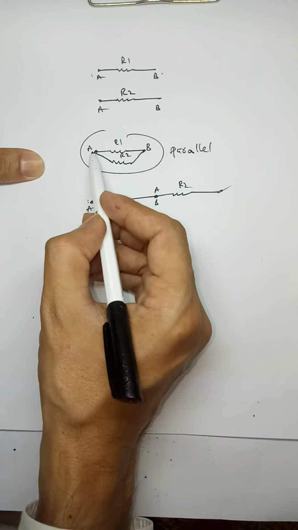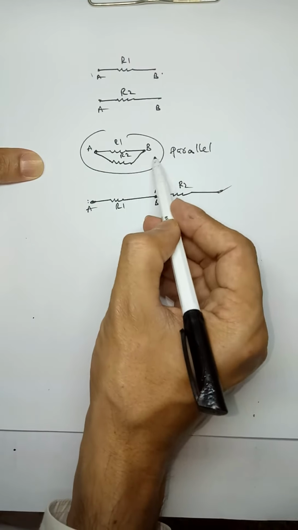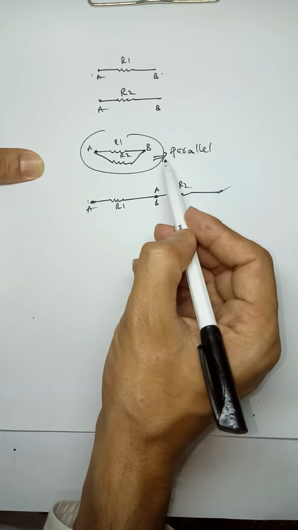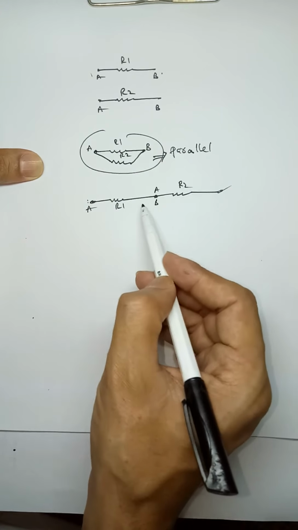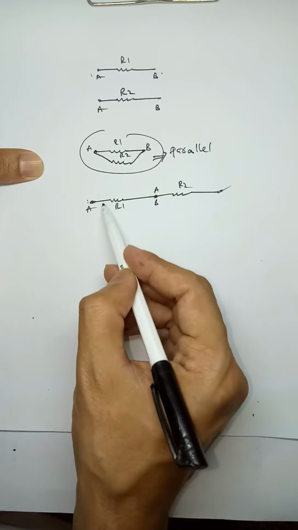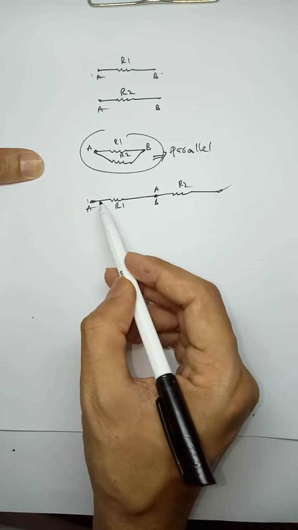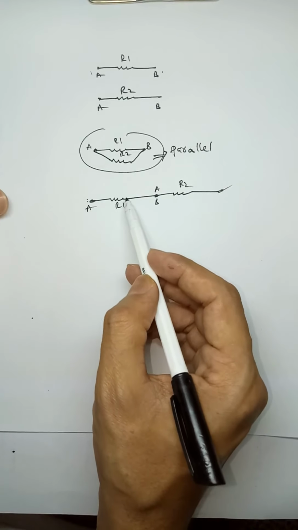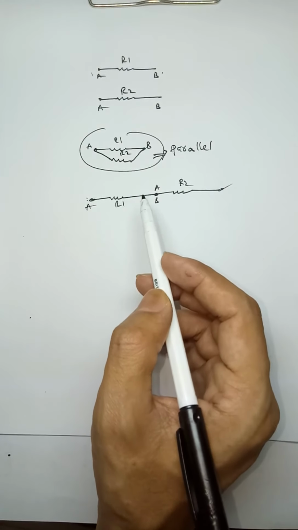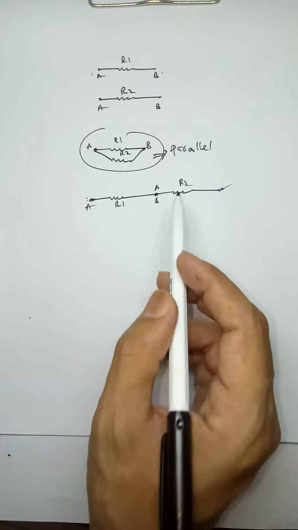If both the ends are connected with each other, then the combination is parallel. If one end of two resistors are connected with each other and the other two ends are connected with some other element or some other resistance, this combination is series.